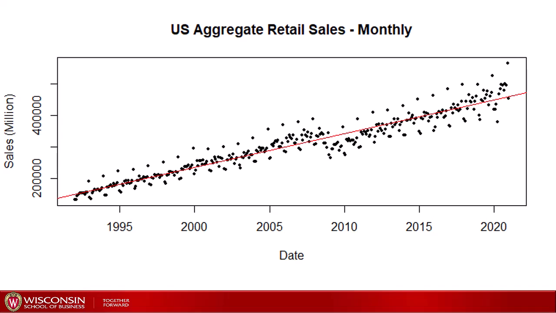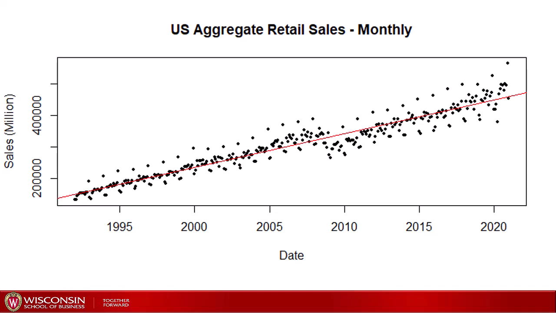However, we can see that there are points that regularly are way above the line, and these points are December, because sales tend to spike in December, and then people spend a lot of money and sales crash in January and February, and that's why we also have points that are below the line every January and February.